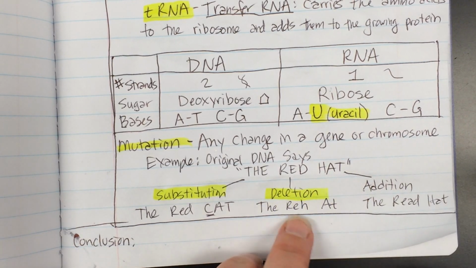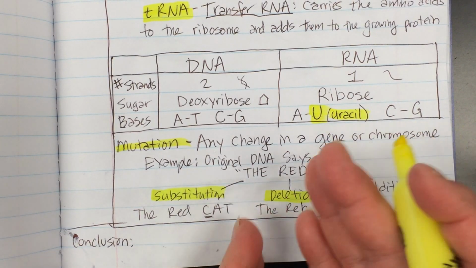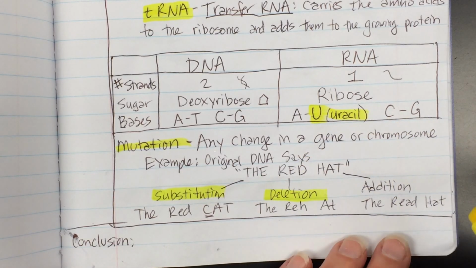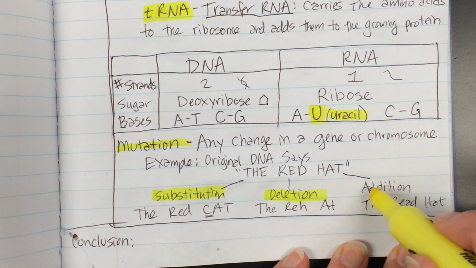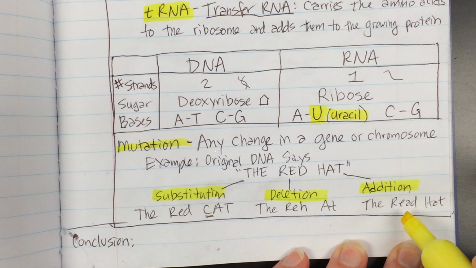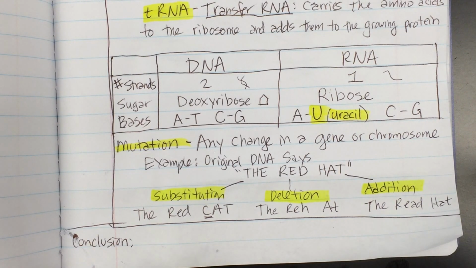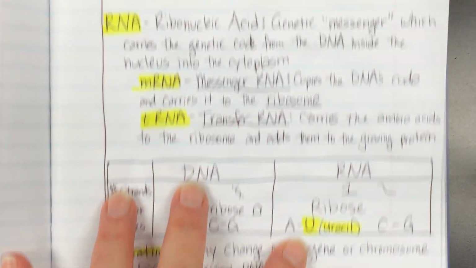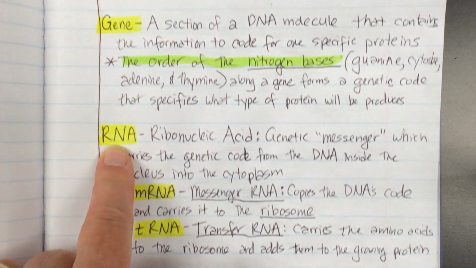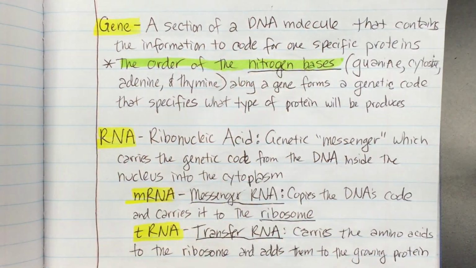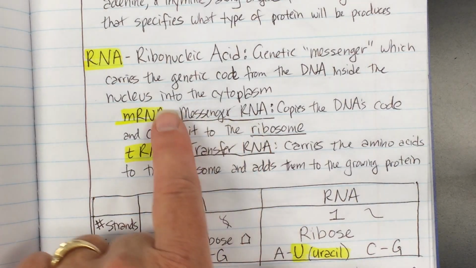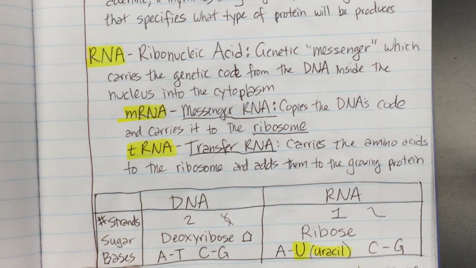You can have deletion where something gets cut off, and usually the groups of 3 shifts. Or you could have an addition, which they really don't like, and then you get 4, and that messes things up. So this can happen in this process of the RNA getting the code from the DNA and translating it into proteins at the ribosomes.